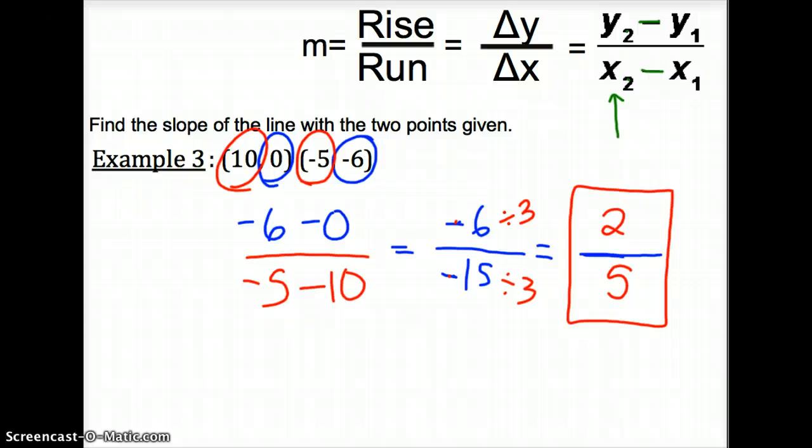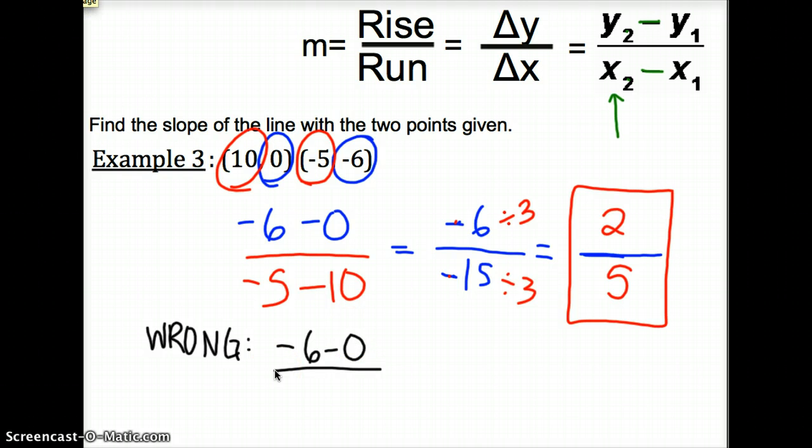So if, for instance, this is wrong, by the way, so don't think that this is correct, this is wrong. If I accidentally did negative 6 minus 0 on top, but I flip-flopped it on bottom and I did 10 first, then negative 5, let's see what I get.